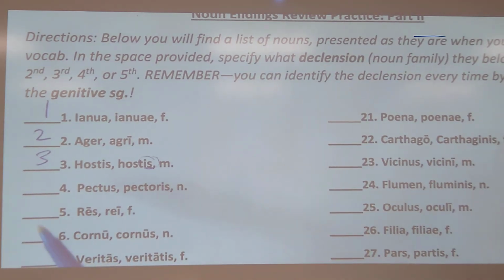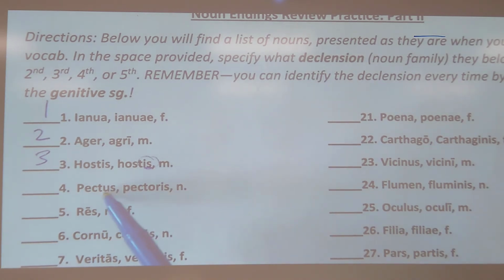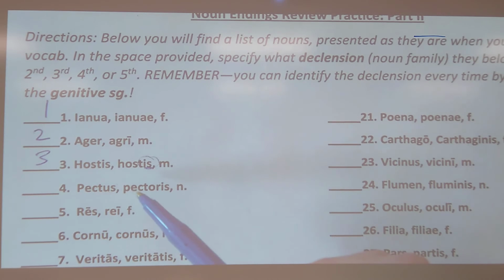You notice the same thing with the next one, pectus, pectoris. If you just look at the nominative singular, you might get confused because we see that us in the second declension, in the nominative singular anyway. We actually see it in a couple other declensions. But we don't care about what the nominative is right now. We want to know what the genitive singular is because that'll tell us what declension we have.